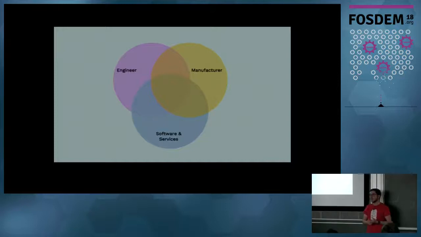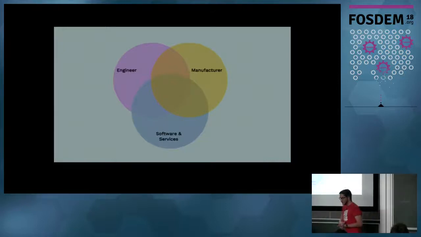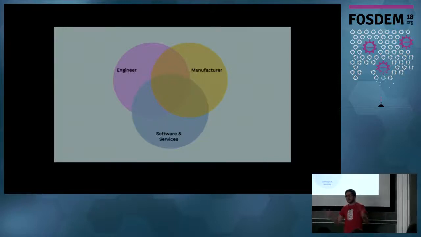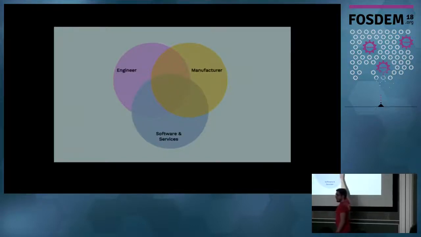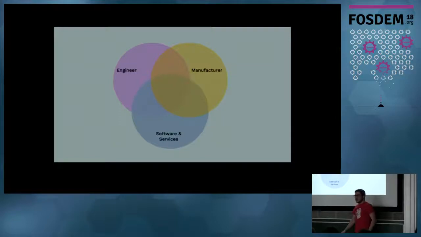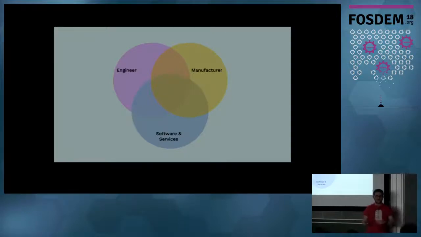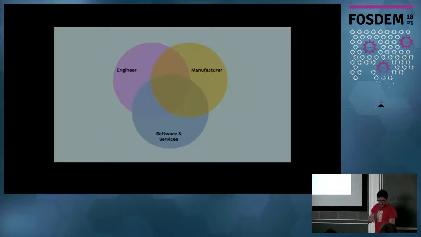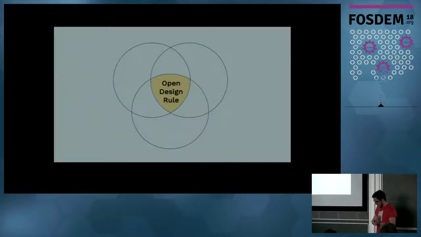And there are software and services, which are the parties which actually check this. So here are the requirements over at the manufacturers. We have the engineer, who has to fulfill these, and we have the software and services, such as KiCad, which should check on this. And in the middle, which connects all these parties, is the open design rule format.